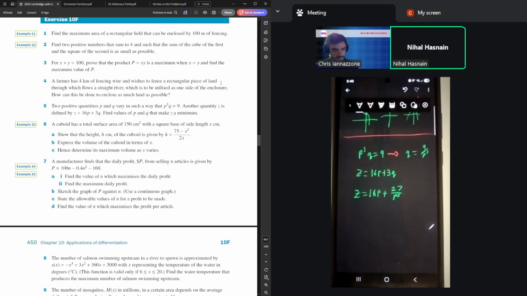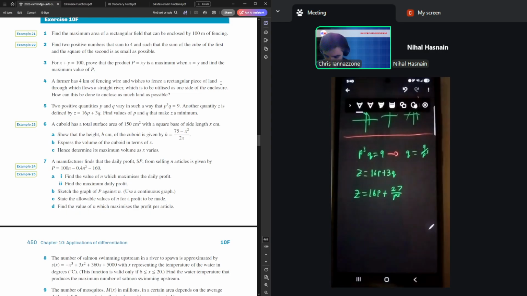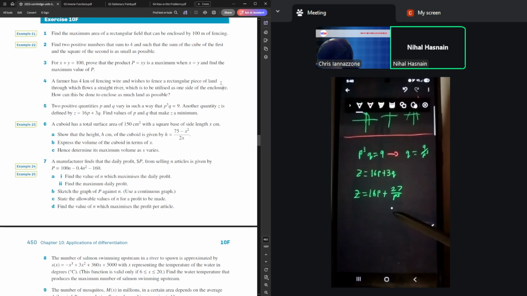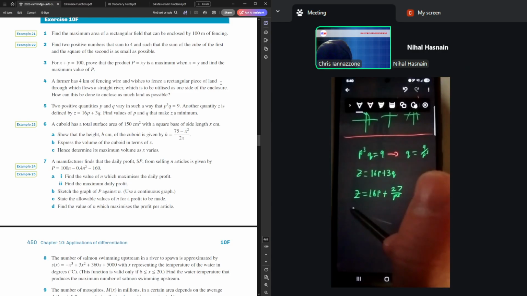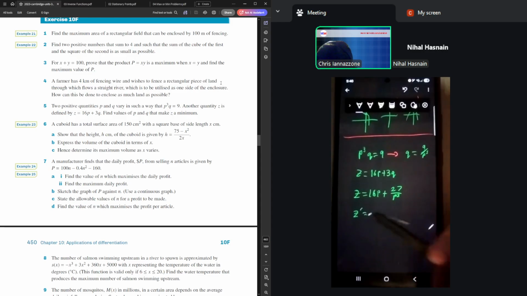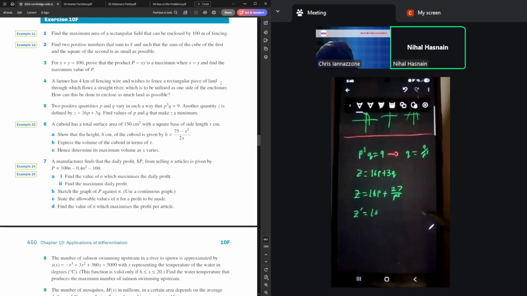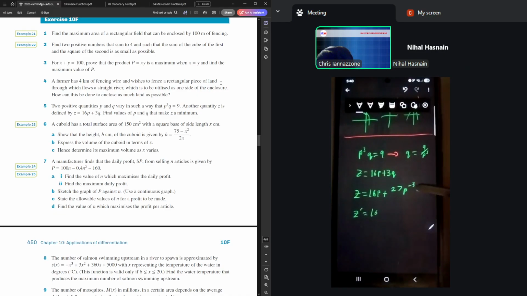So we have to find a minimum. So this is going to be cubic. We can find the derivative of it. Can we simplify the equation first? So 16p plus 27 times p to the negative 3. Yeah, that's probably a good idea.